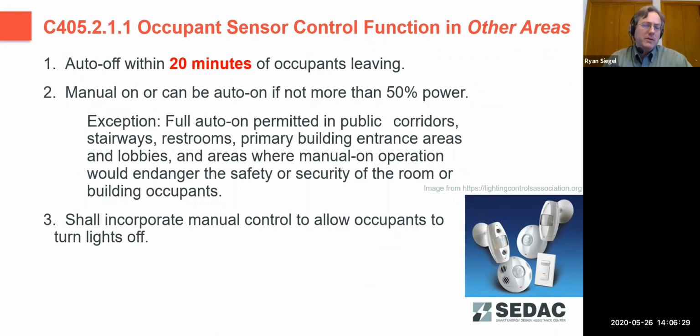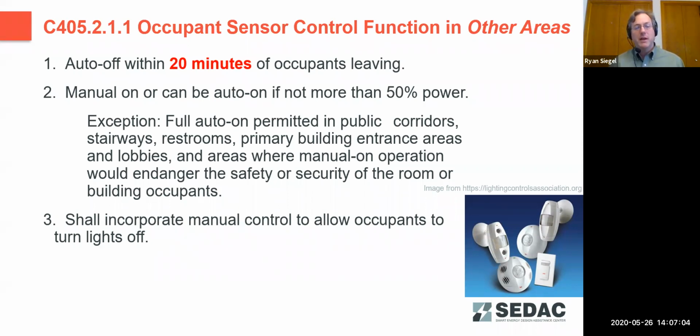Noting 20 minutes, previously this had been 30 minutes, so this is getting shorter with time. LEDs don't have as much of an issue cycling as the older fluorescents did, so not as much of a deal here. Now this is where you get into manual on, or if it is auto on. Typically manual on is called a vacancy sensor, auto on is called an occupancy sensor. If it is auto on, it can't bring on more than 50%.